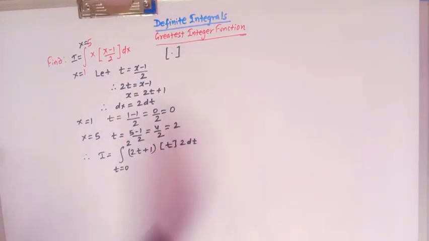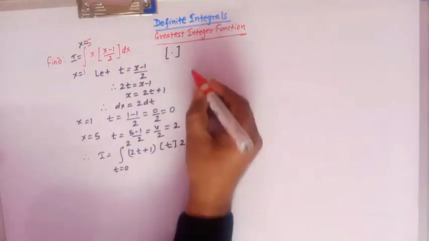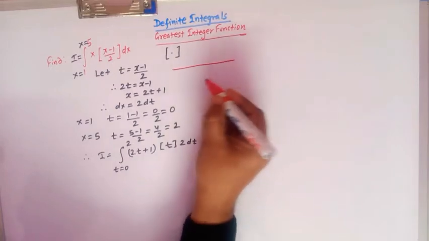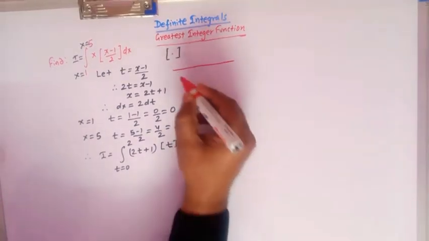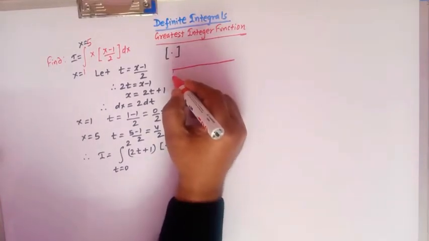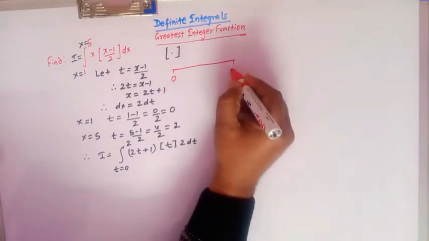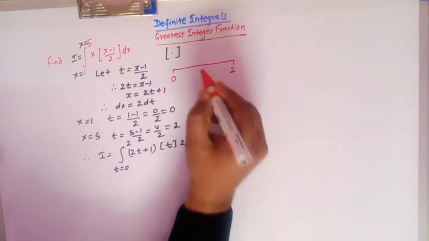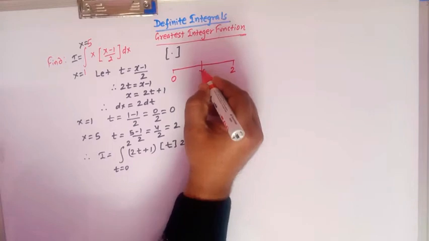Now we see that t varies from 0 to 2, and if we take this real number line, here we have 0 and here we have 2, and between 0 and 2 we have the integer 1.